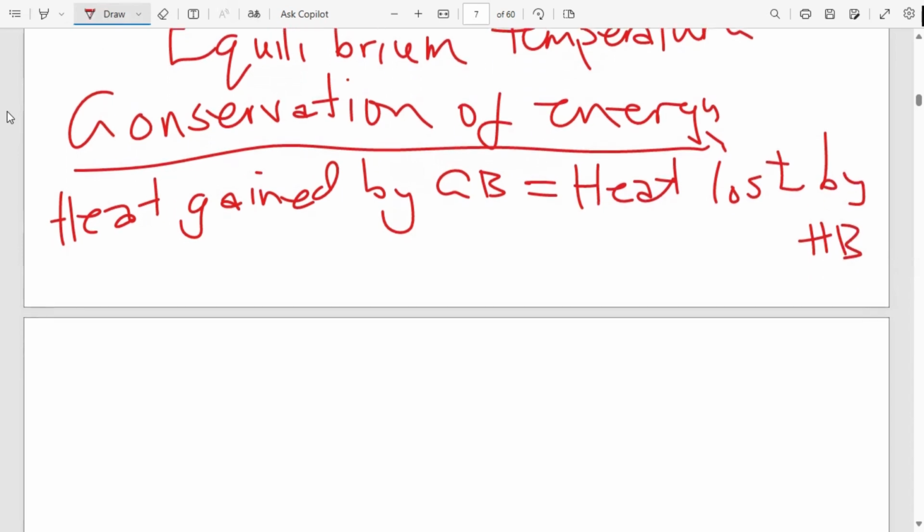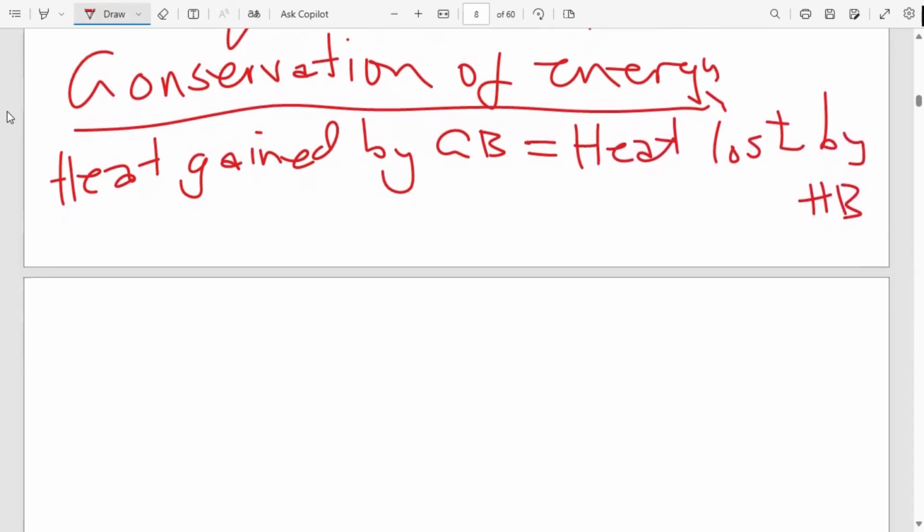So this is the principle of conservation. We're assuming there's no energy lost to the surrounding. Hence, heat gained by the cold body is equal to heat lost by the hot body.